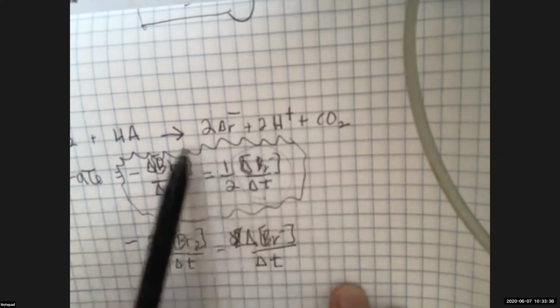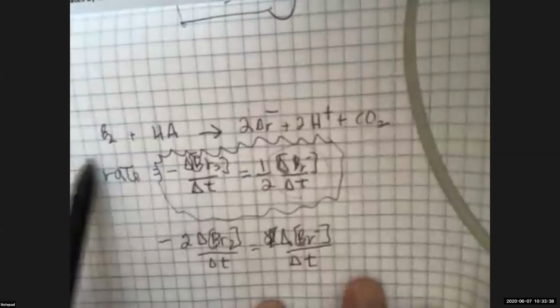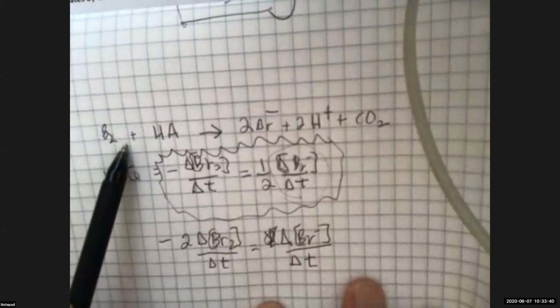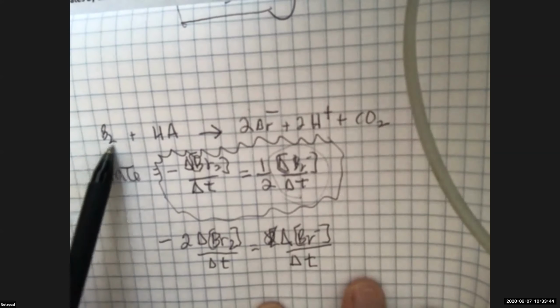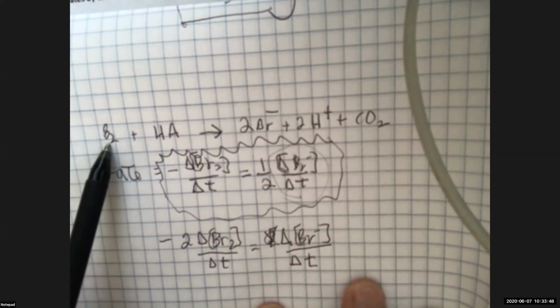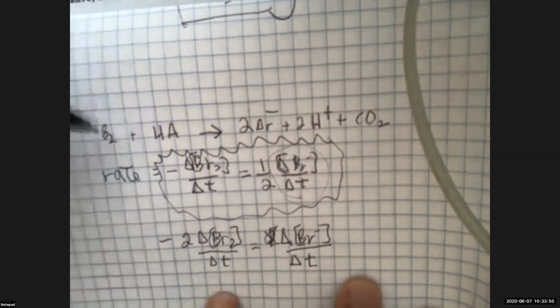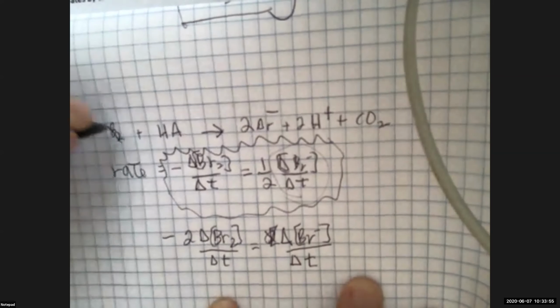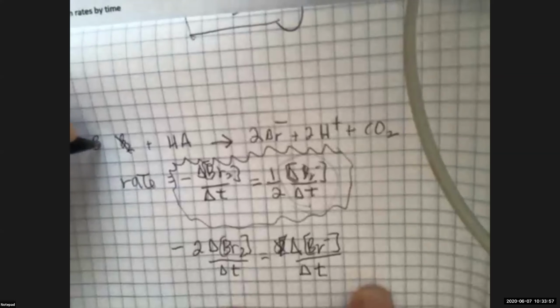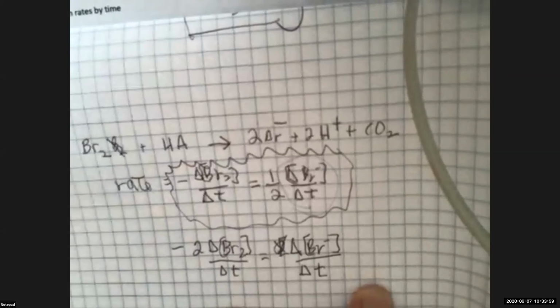It's the same coefficient as the Br2. So the rate of CO2 formation is going to be exactly the same rate as the Br2. Br2 is bromine.